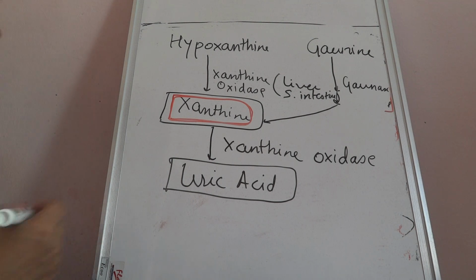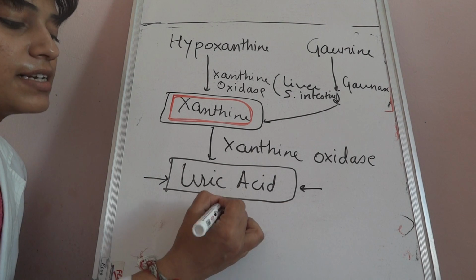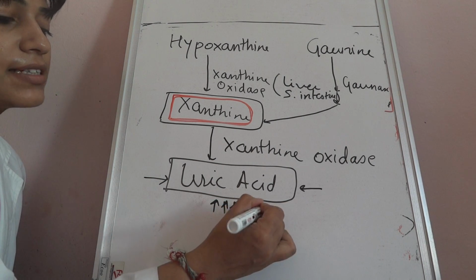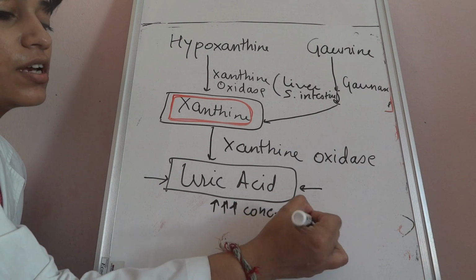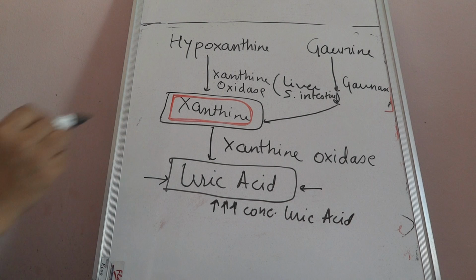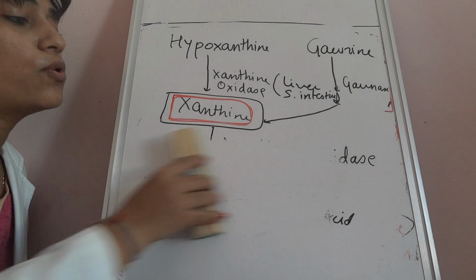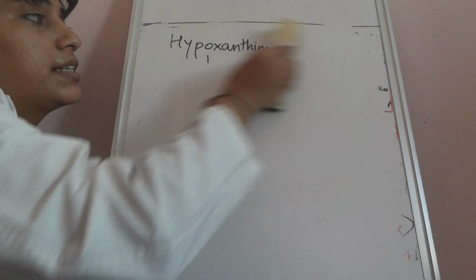So in cases where uric acid increases, that is, there is increased concentration of uric acid in any condition, we can give a drug which will inhibit xanthine oxidase so that uric acid is not formed. We'll see now more details about xanthine oxidase.